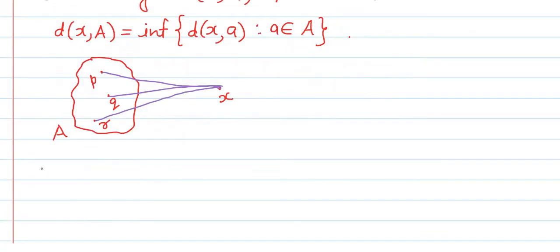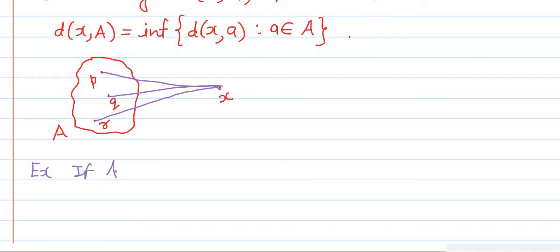Now let us consider some more examples for the understanding purpose. If A is the set of all x belonging to R, meaning a set of all real numbers such that 0 is less than x is less than or equal to 1, then capital A is the semi-open interval 0 to 1.